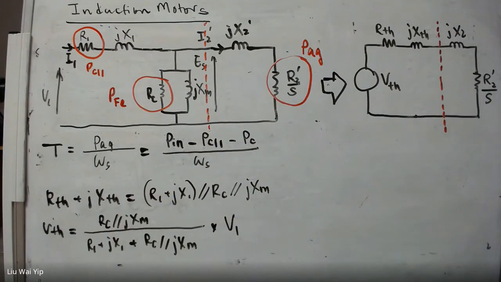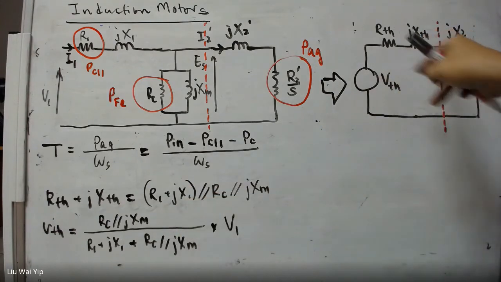So this is the Thevenin voltage and Thevenin impedance. And with this, we end up with this circuit.